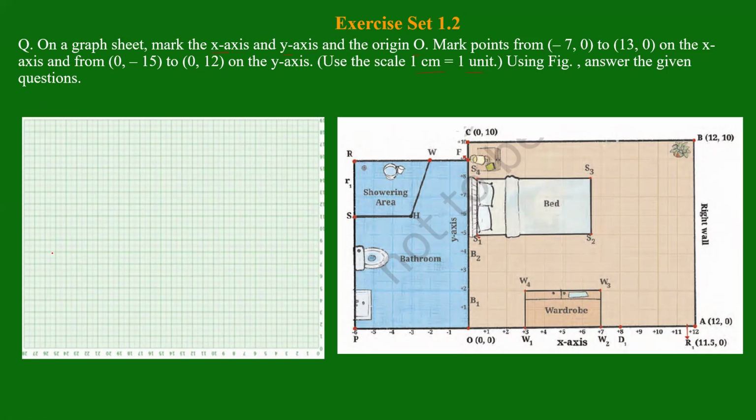Okay. So here, if you see, maybe sometimes this line will not be straight. Now here, we have negative -7 and positive 13, and in the y-axis also we have large values. So here we'll try to take the center one. This one we are going to consider as the x-axis.